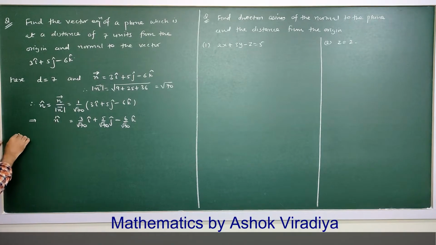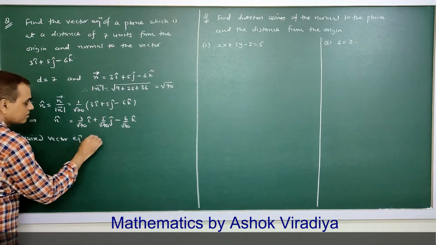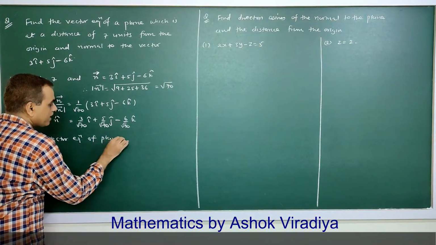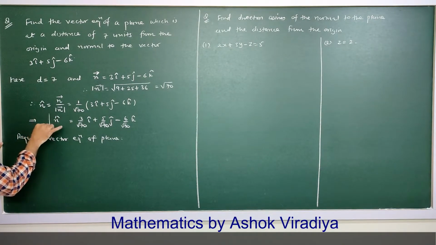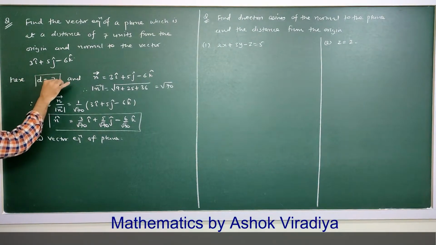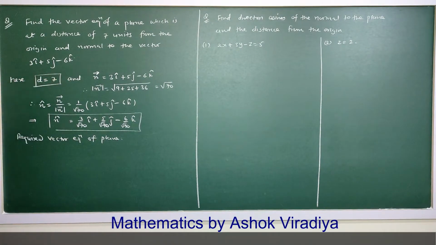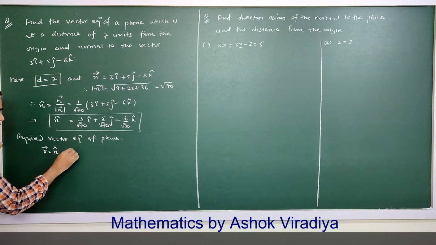Now the required equation is, we are asked for the vector equation. The vector equation of a plane formula is, now we have a unit normal and the distance from the origin: vector r dot unit normal equals d.